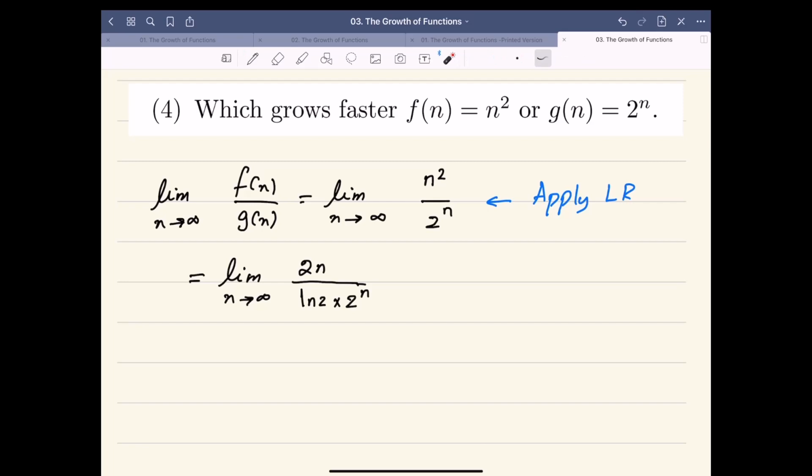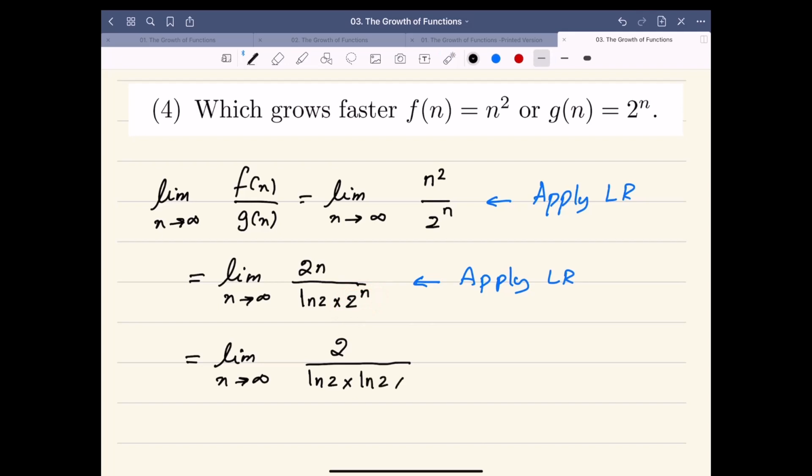Again, we are going to have infinity over infinity, so we will apply L'Hopital's rule one more time. When you apply L'Hopital's rule again, you will have the limit as n goes to infinity. Now the derivative of 2n is 2, divided by ln 2 multiplied by the derivative of 2 to the power n, which is ln 2 multiplied by 2 raised to power n.